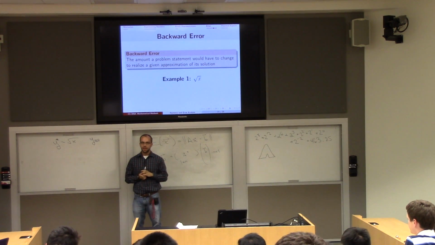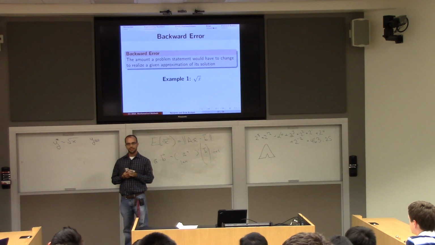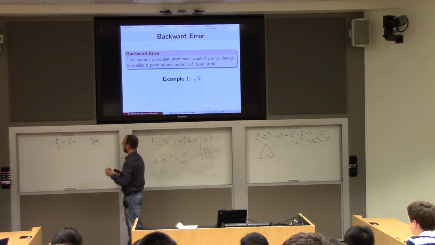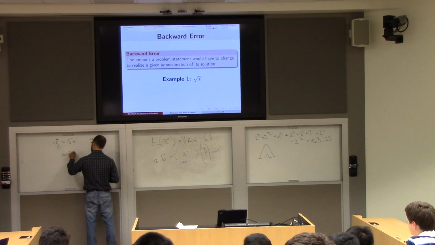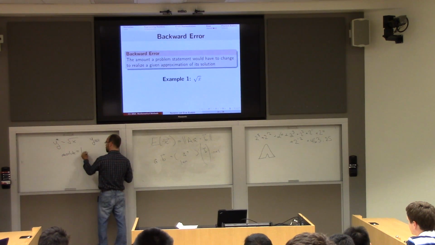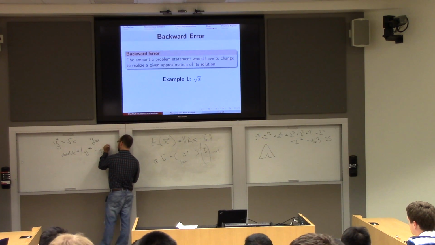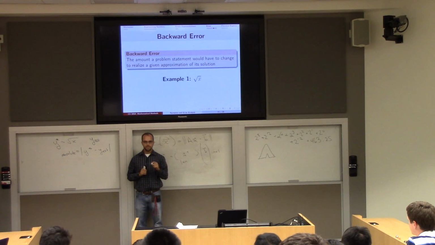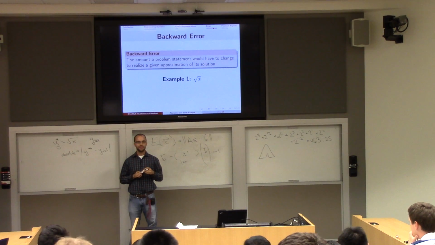Yeah? So what would be the absolute error here? It's really easy. The absolute error is just the absolute value of y star minus y est. We can't compute this number, but that's what it is. Such is life, right?